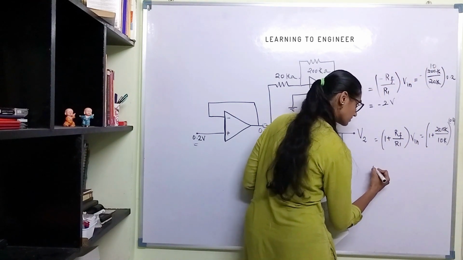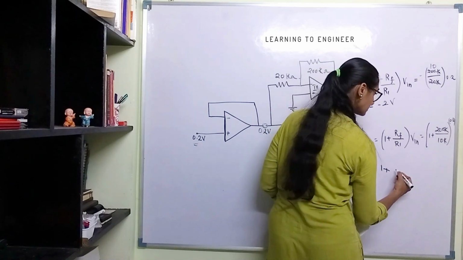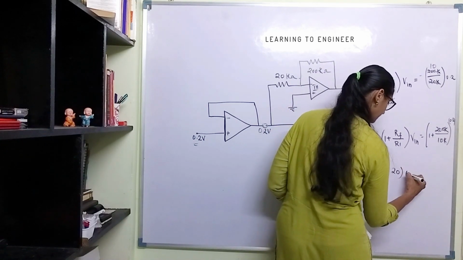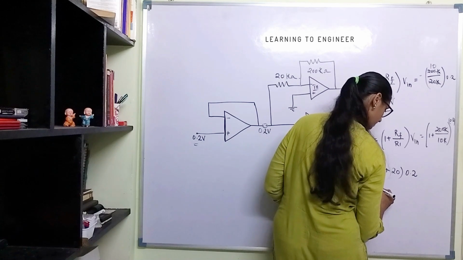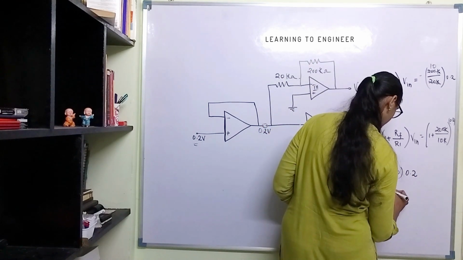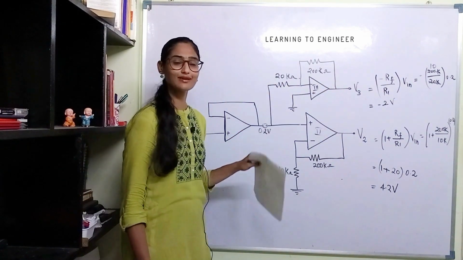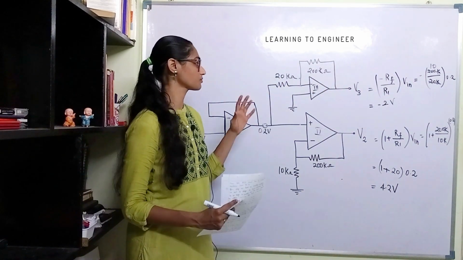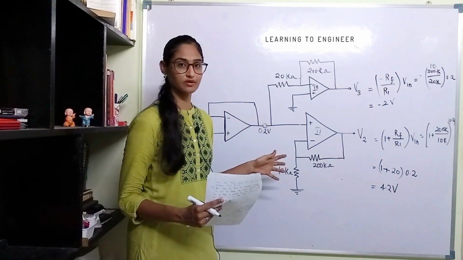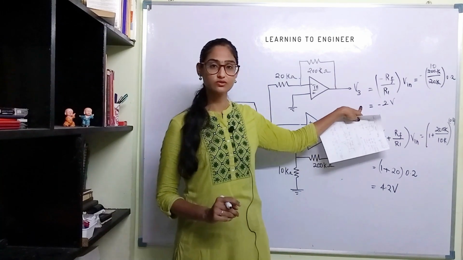It is 1 plus 200 divided by 10, which is 20, plus 1, multiplied by the input 0.2, which is equal to 21 into 0.2, which is 4.2 volt. So this is also a very basic problem in the concept of inverting and non-inverting amplifiers. So V2 is 4.2 volt and V3 is minus 2 volt.